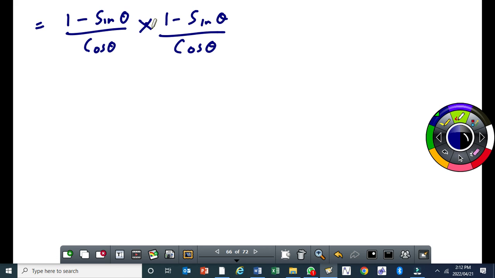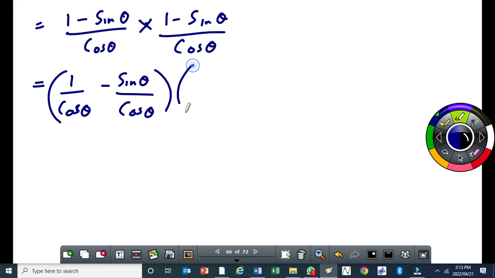Are you following? Is it making sense? Right? Then, since we have a common denominator, I can rewrite it as 1 over cos theta minus sine theta over cos theta. Now I'm happy because the tan will come from there. So I can put this in brackets, then times, there I'll do the same, 1 over cos theta minus sine theta over cos theta.